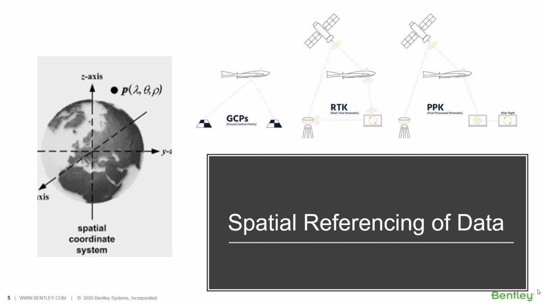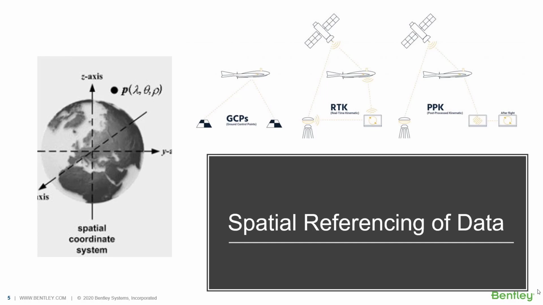The first ways would involve RTK and PPK, but also setting of ground control where we physically tie the pictures to control points that we've placed on the surface. Sometimes within RTK and PPK setups, we'll put out control points as checkpoints.